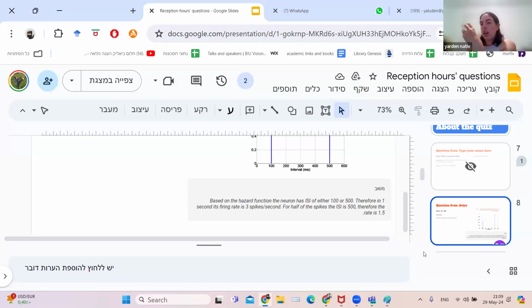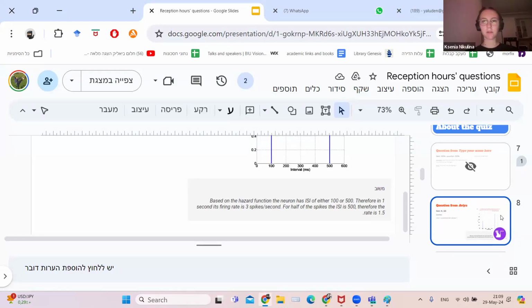And then I say, if only half of them are 500 millisecond ISI, therefore the shift will make only half of the pairs each time. So it will be half of the rate. And the rate is 3, therefore half of it is 1.5. Okay, thank you so much.